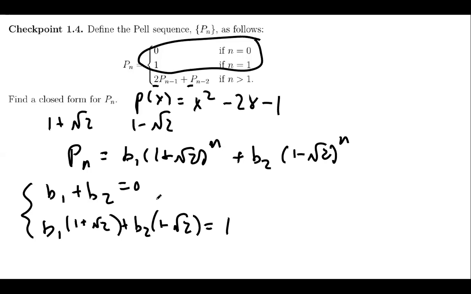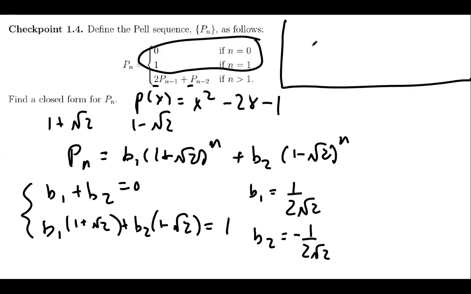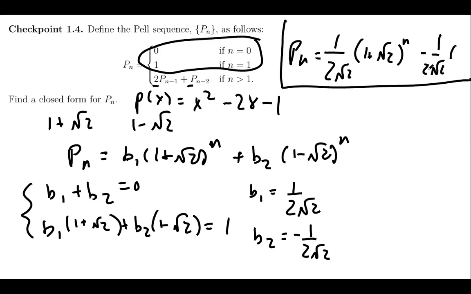Okay, and now if we solve this, we get that b1 equals 1 over 2 root 2, b2 equals negative 1 over 2 root 2, and for a final answer, sorry, I'll put it here just because I'm running out of space, Pn equals 1 over 2 root 2 times 1 plus root 2 to the n minus 1 over 2 root 2 times 1 minus root 2 to the n.